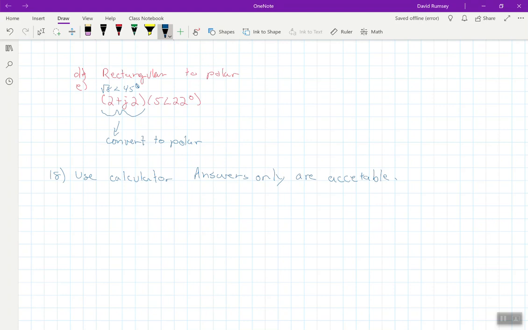And then problem 18, I want you to be able to use your calculator because I want you to get used to using your calculator to do these computations. You can still do it by hand if you want to. And then problem 20, use calculator. Answers only are acceptable.